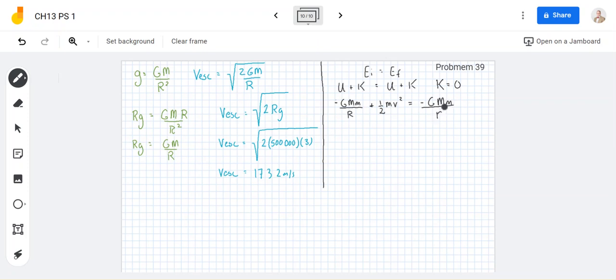And this is going to be, now I'm going to make this r, which is going to be the distance that it goes from the center of the planet. And one of the things I notice is that all the little m's are going to cancel. So it doesn't matter what the mass of your object that you're shooting is, only that it leaves with this speed.